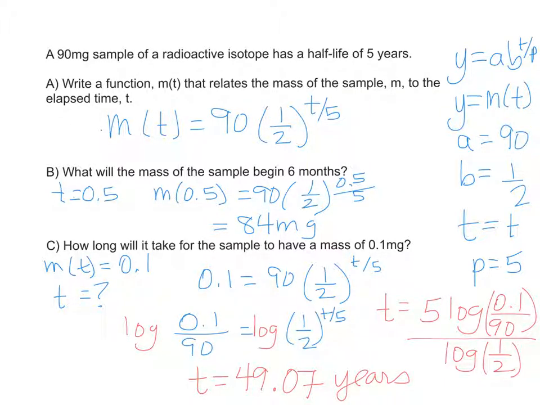Graph it, and then on your calculator for b, you could just go second trace value 0.5, and it'll give you the 84. And for the other one, you'd have to also graph y equals 0.1 and find where those two intersect, and that'll give you the 49.07 years.